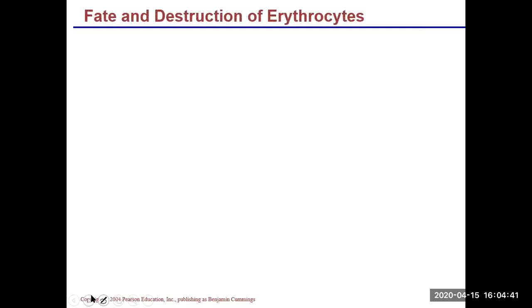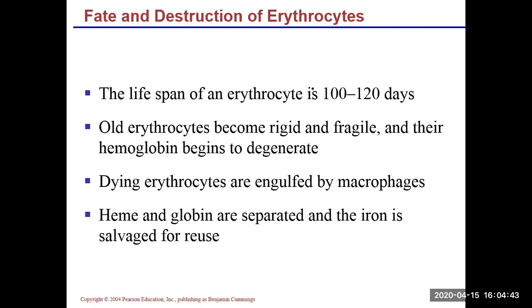So 100 to 120 days is the life expectancy for erythrocytes. As they become older, they become fragile, and they need to be taken care of. They need to be remade, to be replaced, and this is what happens to them as they become old and fragile. They can be engulfed by the macrophages.